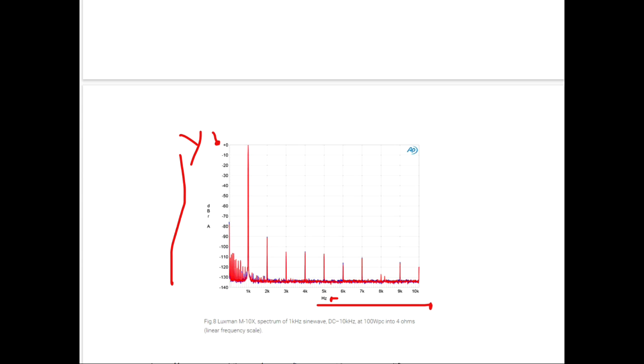A decibel is just a fancy ratio, and it's just a way to take really high levels and compare them to really low levels and squeeze it all into one little graph. So in other words, let's say you had a really super high level and this little teeny weeny level down here that you can barely see, and I want to look at it on a graph, and I'm looking at it as, for example, voltage.